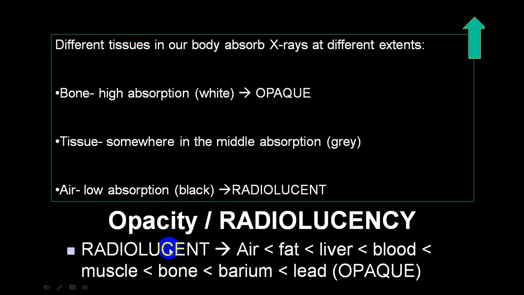So from radiolucent going towards opaque, air is the most radiolucent, then comes fat, liver, blood, muscles, bones, and the most radio opaque is lead. Barium is a little less than lead, and bone is a little less than barium. So these are radio opaque materials. This is absolutely radiolucent, and this falls between the two: fat, liver, blood, muscles, myocardial tissue, etc.